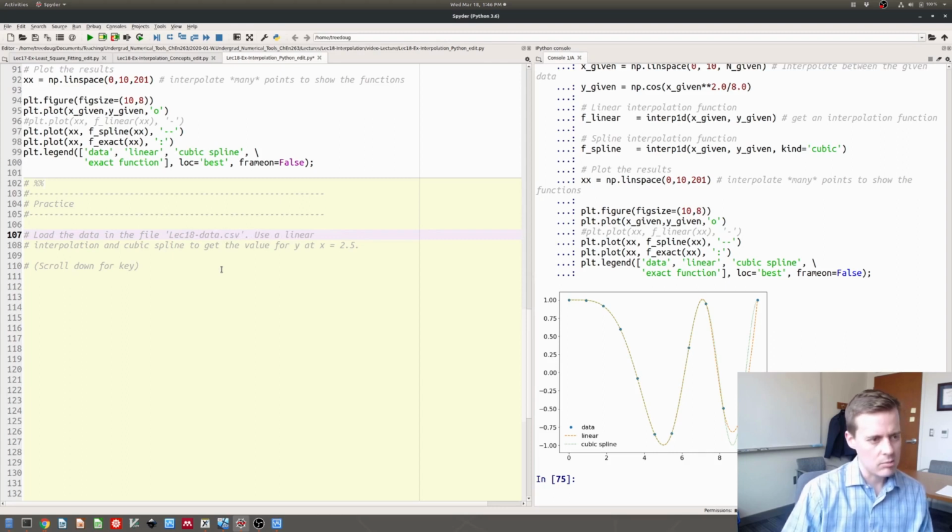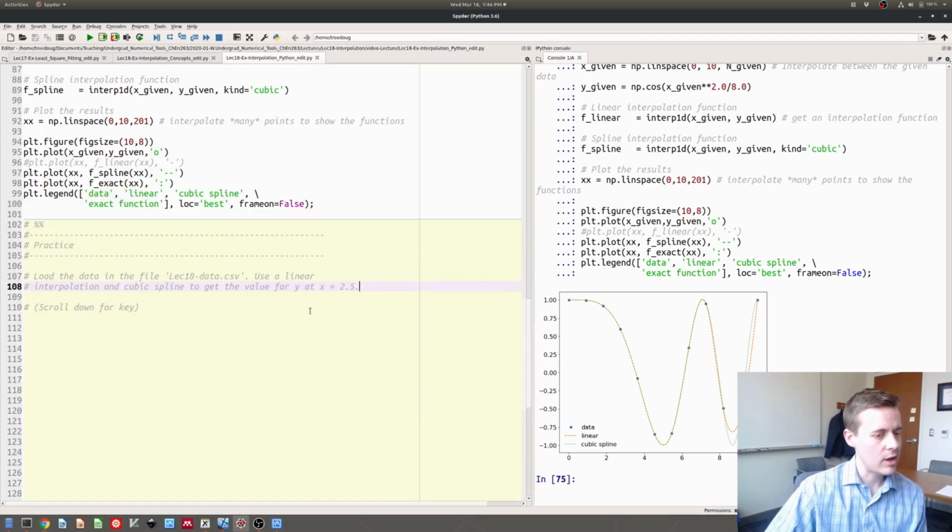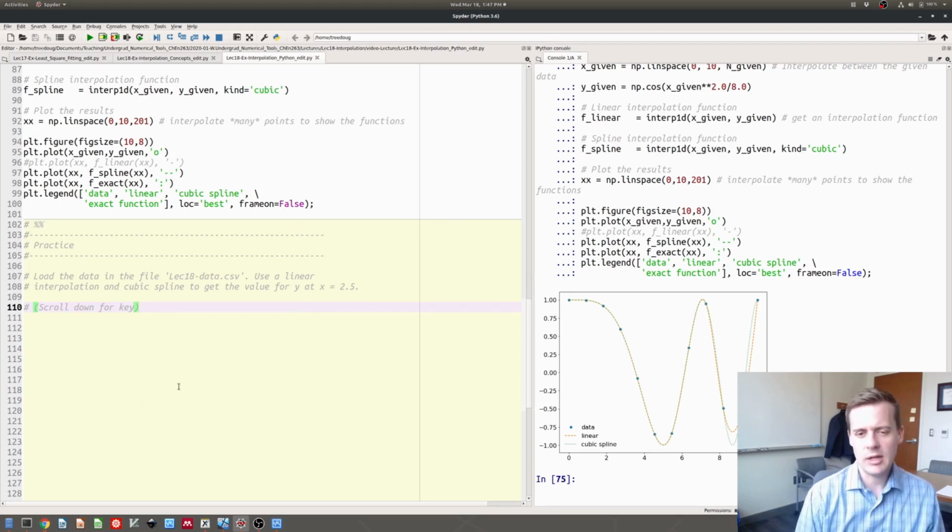See if you can load this data, plot the data, and then put a linear interpolation and a cubic spline and see if you can get the value of y at x equals 2.5. Down here there's the answer of how to do that. Don't look until you've done it, but there's the key all the way at the bottom so that you can practice and then see what your answer is.